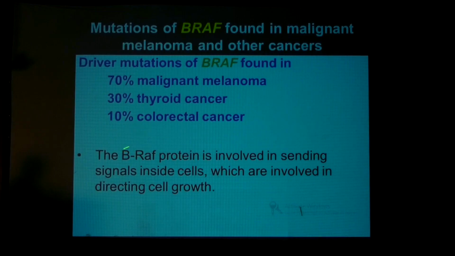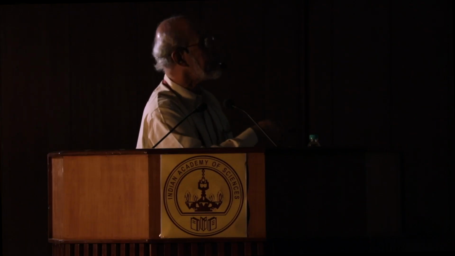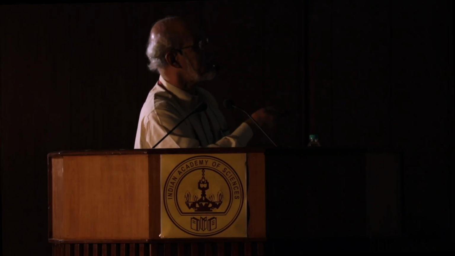So the BRAF protein is a signaling protein, and this particular protein is very important. It's produced by this gene called BRAF, and if there are mutations in BRAF, it damages this signaling protein, and the entire signaling cascade goes haywire.